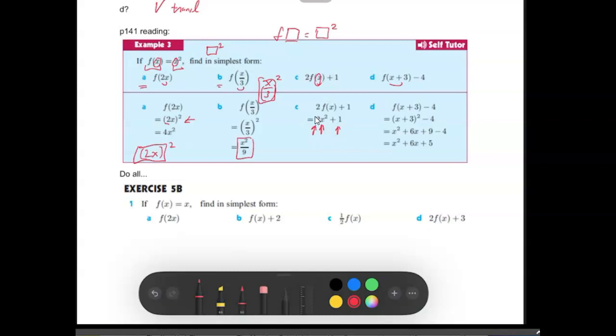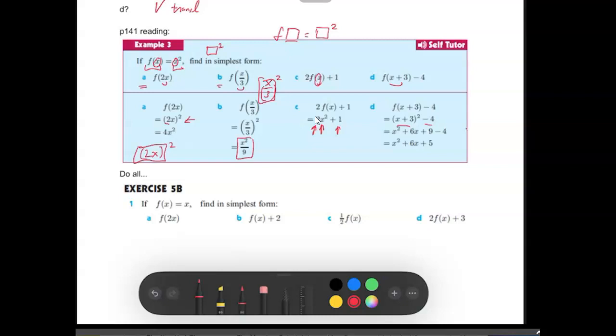And then if we have x plus 3, that would be x plus 3 inside the box squared. And then we're going to subtract 4 on the outside. So that was a pretty easy one. We had a horizontal component and a vertical component, right? And then we just put x plus 3 substituting in for the box, which was originally x, okay?